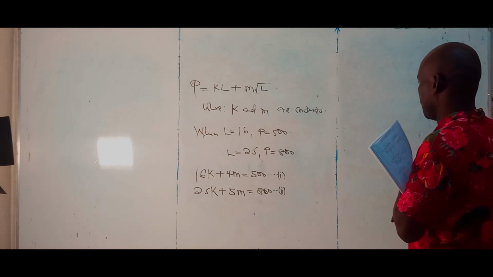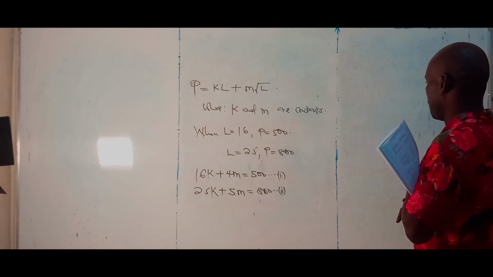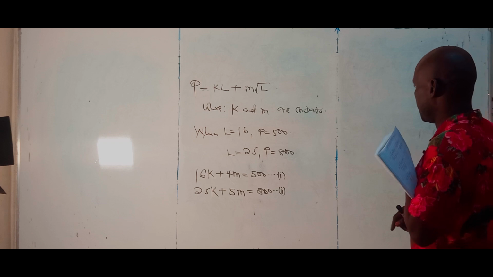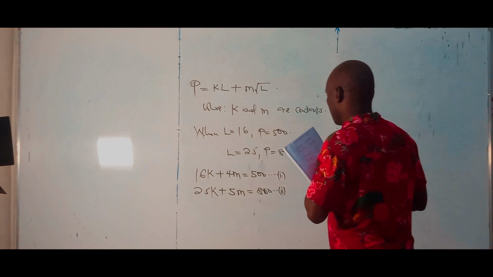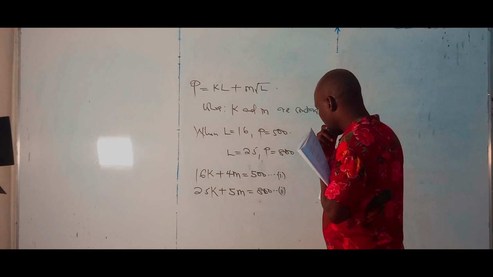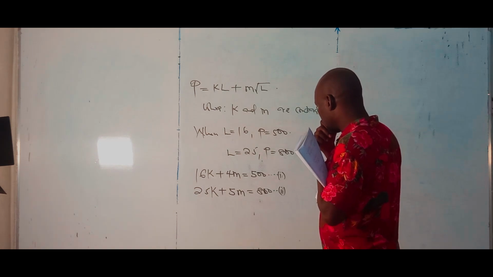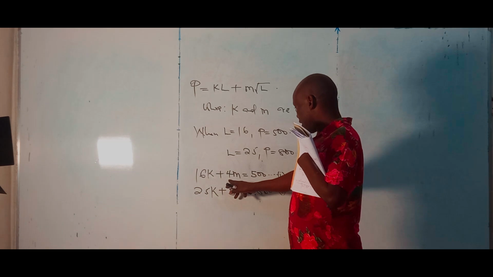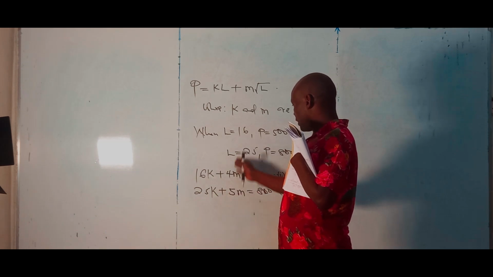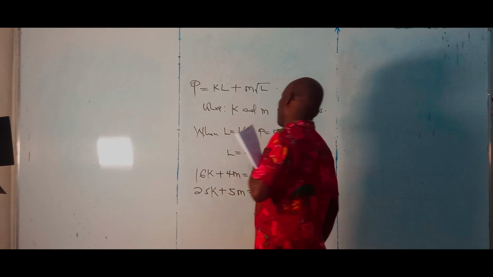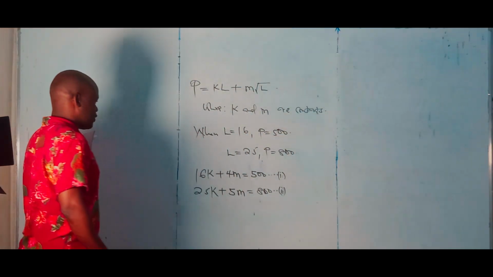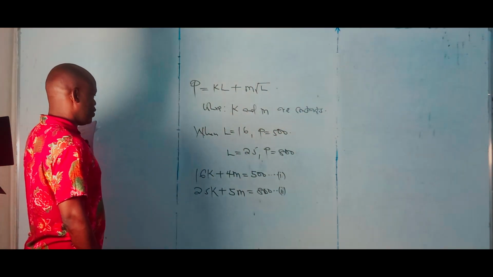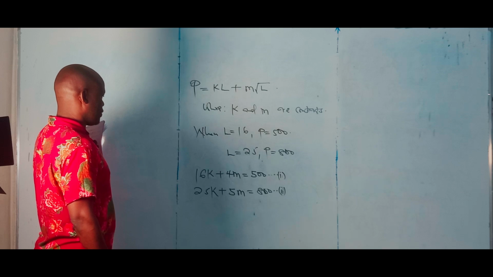So solving simultaneously, I would multiply the upper one by 5 and this one by 4 so that I eliminate M. I want to solve these two simultaneous equations using the elimination method.